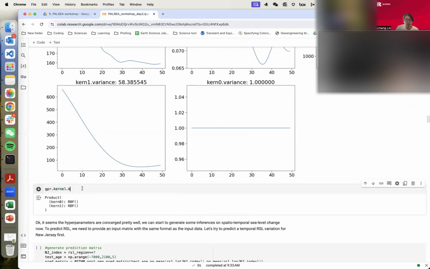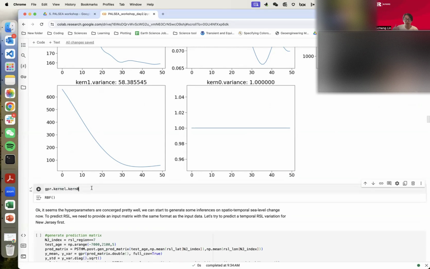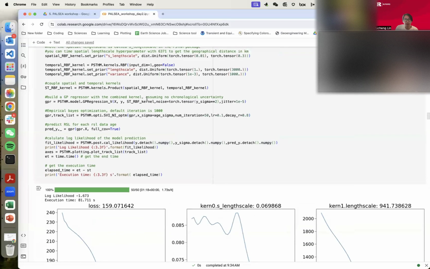Here ker1 basically means a specific kernel, and you can try to get it from the Gaussian process class. Kernel0 means our spatial kernel, and kernel1 means our temporal kernel.